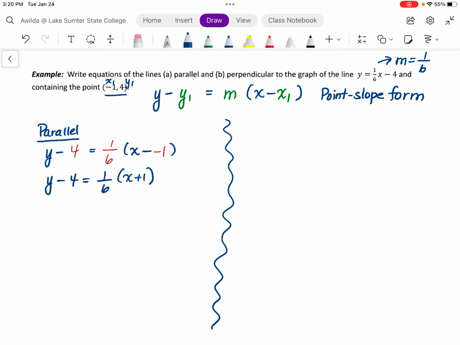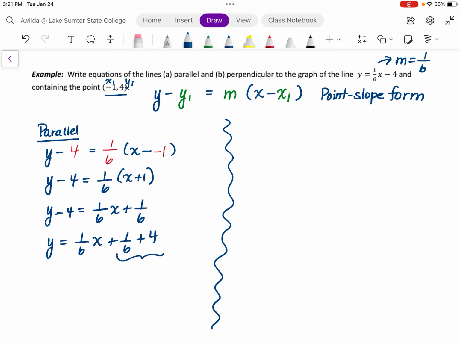Now, let's distribute the 1/6 on the right-hand side. So we have 1 over 6 times x plus 1 over 6 times 1. And to isolate y, we're going to add 4 to both sides. So we'll have y equals 1 over 6x plus 1 over 6 plus 4. Now let's combine these like terms. 1 over 6 and 4 are both constants.